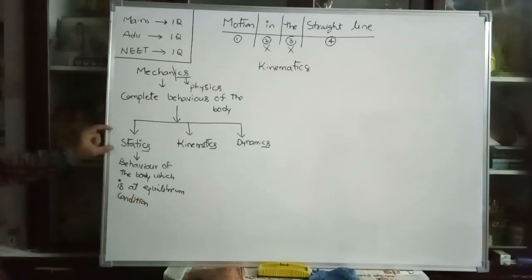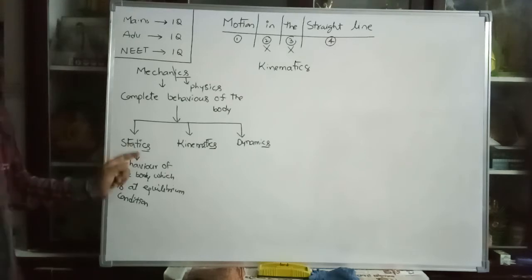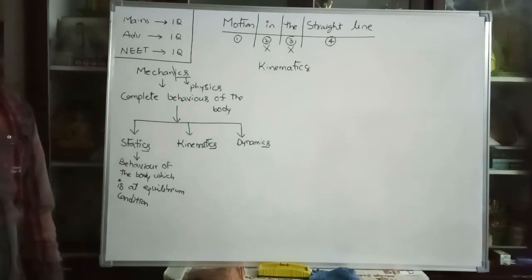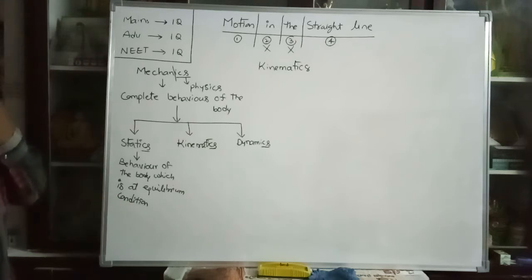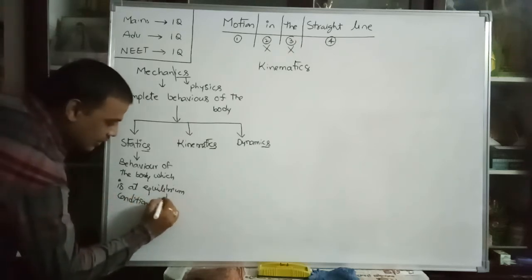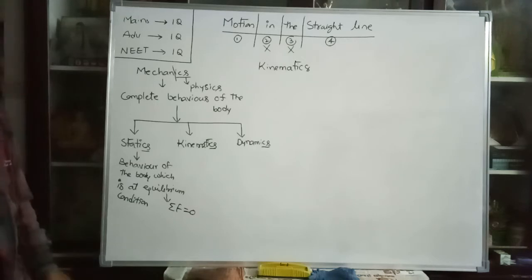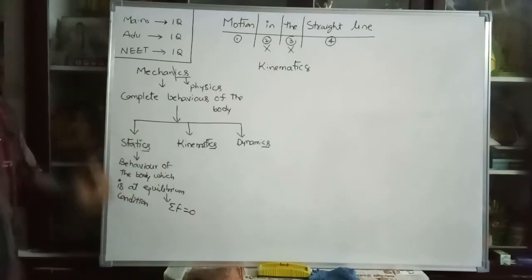According to statics, that body must be in equilibrium. What is equilibrium? Equilibrium is nothing but the resultant force acting on it being zero. If the net force value is zero, then the body is said to be in equilibrium.